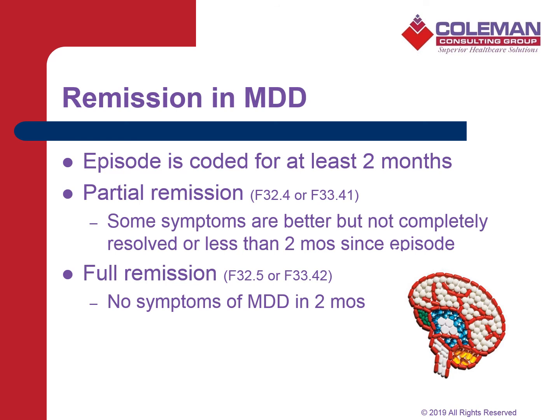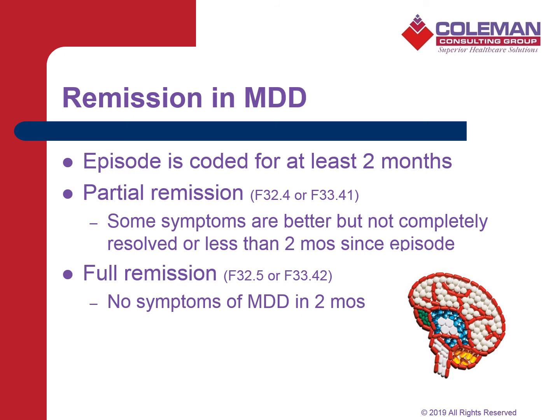Remember that meeting the 5 criteria constitutes an episode of major depressive disorder. Thankfully, episodes don't last forever. Eventually, most patients respond to treatment and their symptoms resolve. When the patient's symptoms are less than the full criteria, or it has been less than 2 months since the episode, the codes for partial remission might be indicated.